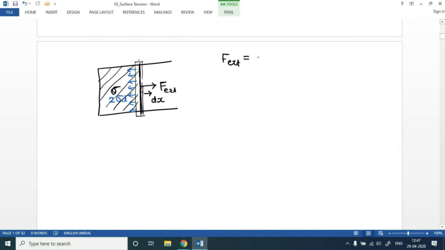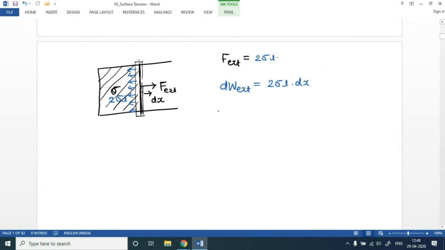So the magnitude of this external force which we require in order to move that slowly is going to be 2 sigma times L. Okay, so what would be the work done by this external force? We simply write dW external is going to be equal to 2 sigma L into dx.